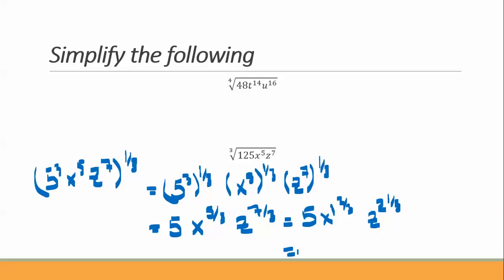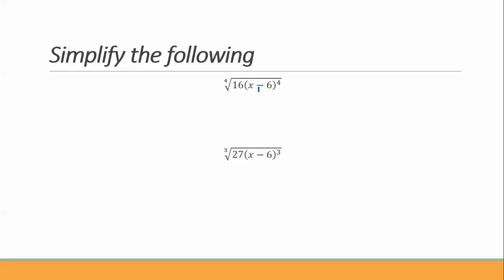So the whole number exponents come out of the radical, so that's 5 x to the 1st and z squared, and then we have the cube root. X to the 2/3 is x squared under the cube root. Z to the 1/3 is z under the cube root. Again, either of the two ways works fine for me. So whichever way makes more sense to you.